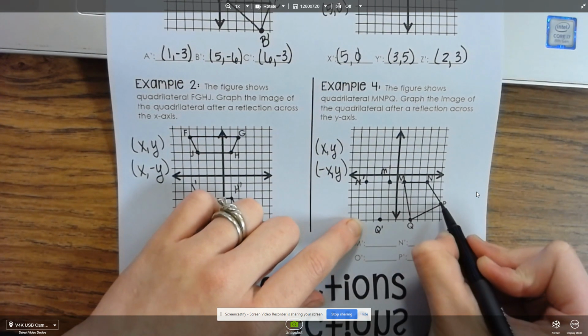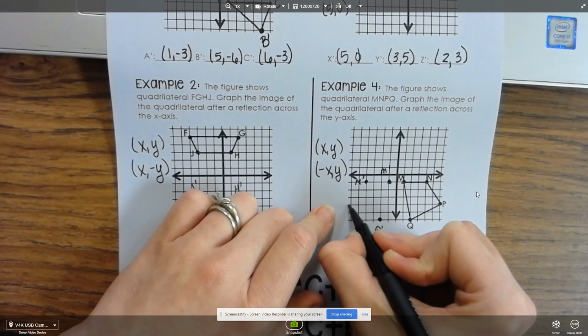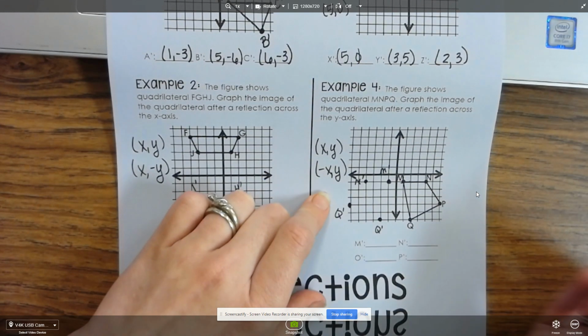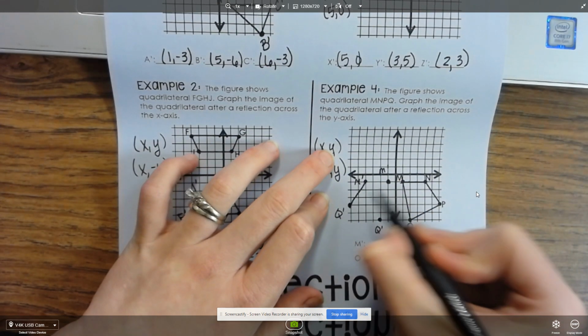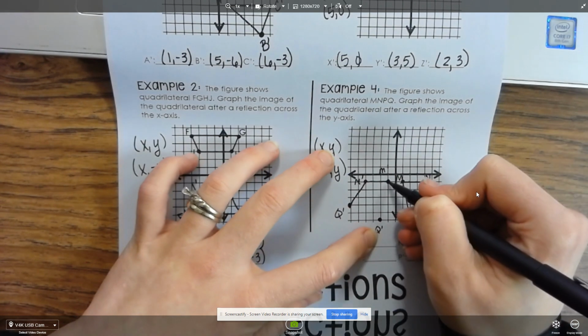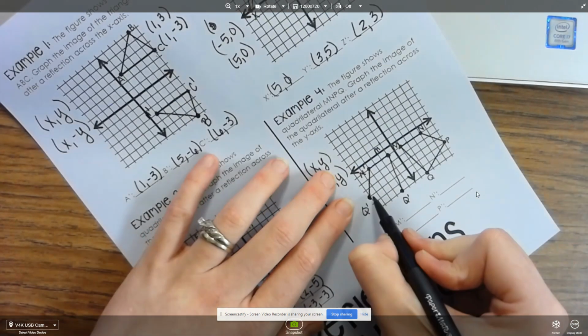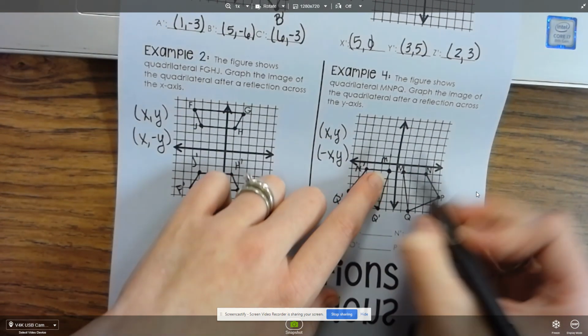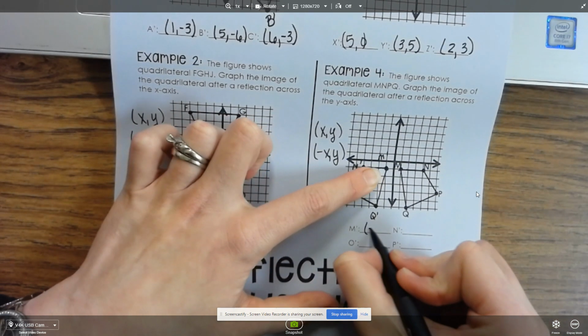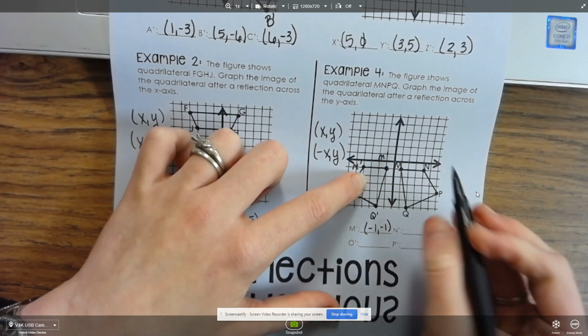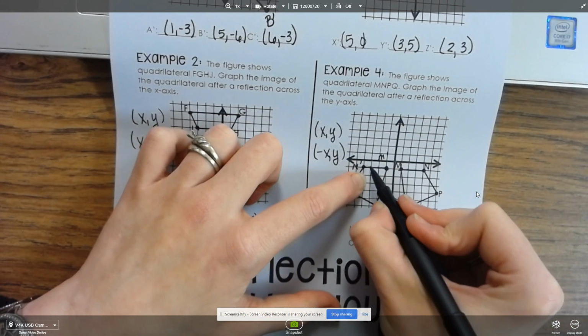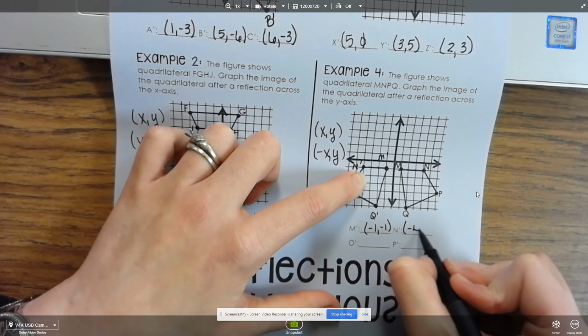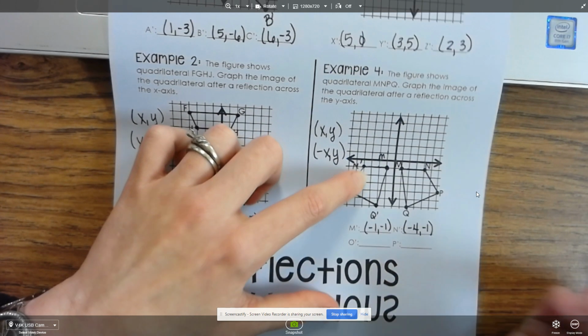And then this one is at 6, so it would be -6. And so here's our points, -1, -1. This one would be -4, -1.